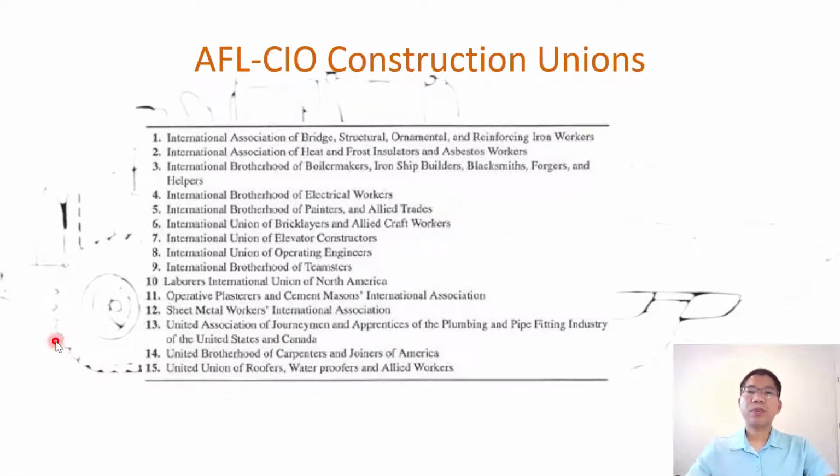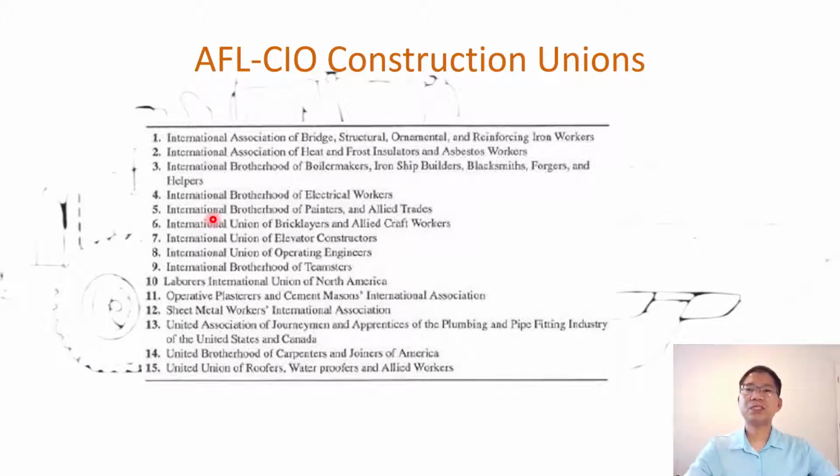And with that, we have construction unions within the AFL-CIO. Like I said, AFL-CIO represents other types of workers that don't need to be construction unions, but the 15 unions listed here involve construction unions.